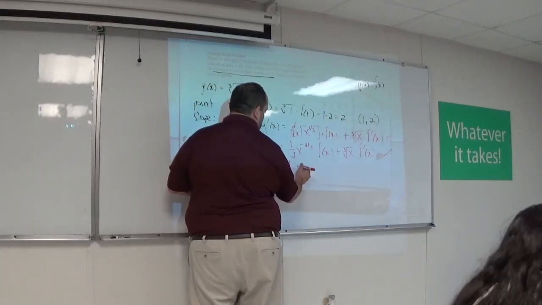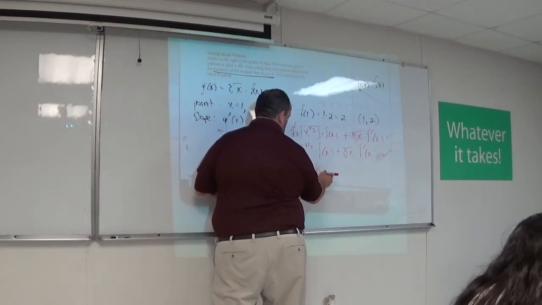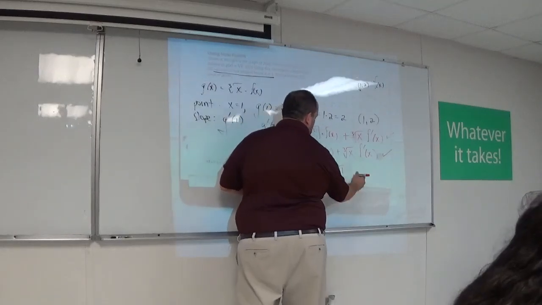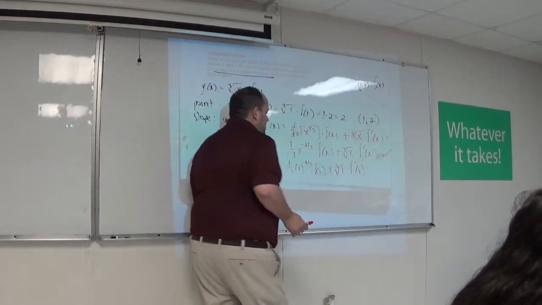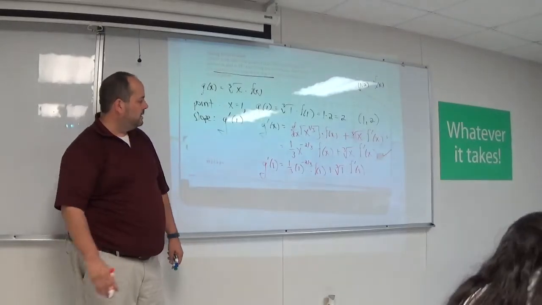G prime of 1 is 1/3 times 1 to the negative 2/3 times f of 1 plus the cube root of 1 times f prime of 1. Everywhere there was an x, I just plugged in 1.